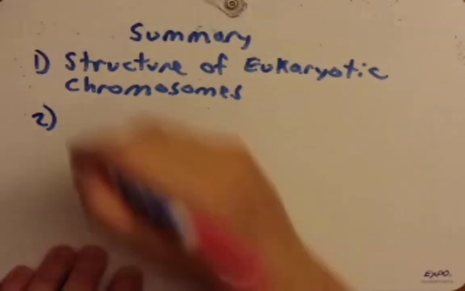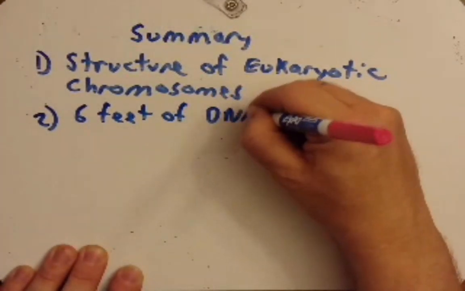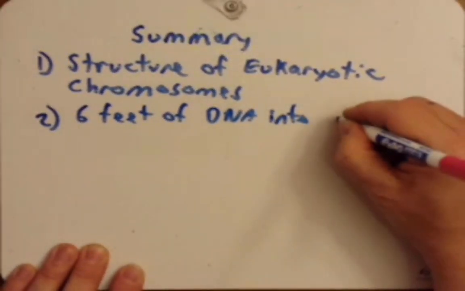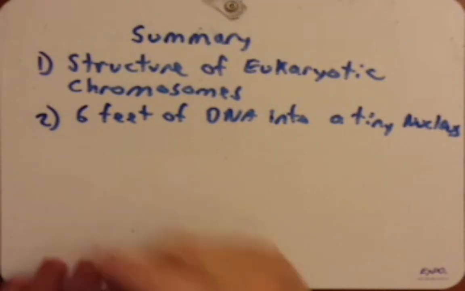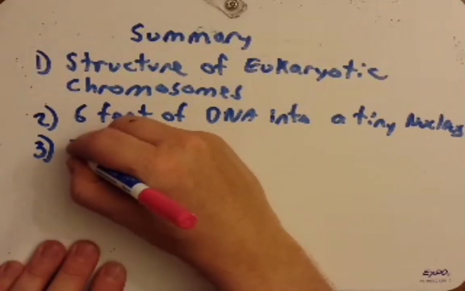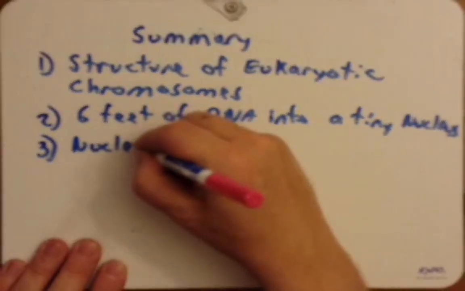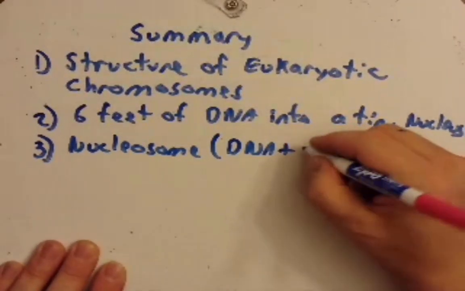We then talked about how we had to package 6 feet of DNA into a tiny nucleus. And we talked about how it did this by going into great detail about the structure of the nucleosome. Remember, that was DNA plus histones.